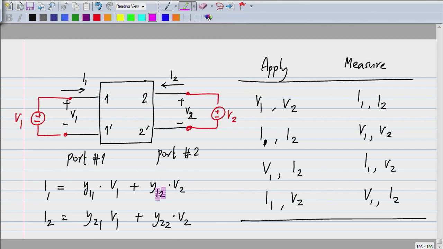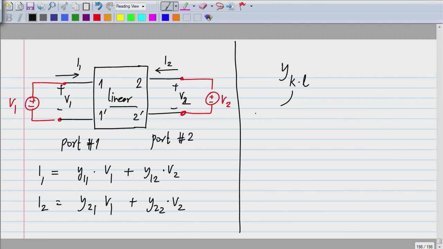Now we also said that this kind of relationship comes about because this whole thing is a linear circuit. The first subscript denotes the effect, and the second one, the cause. What I mean is this y11 relates I1 to V1.